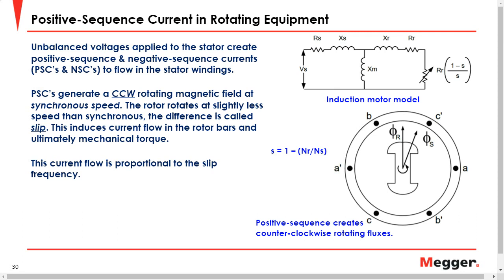And the slip, remember, is basically an expression of the difference between the synchronous speed of the voltage system, which, for example, for a two-pole motor at 60 hertz is 3,600 RPM, and the speed of the rotor, which could be somewhere around 3550 or something. So the point is that typically in an induction motor in operation, that slip is a very small number, whether you express it in percentage, in hertz, or in RPMs.